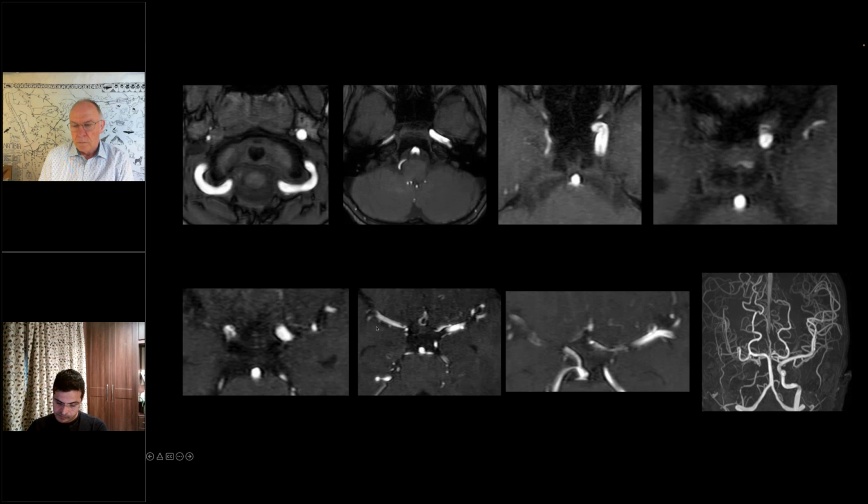I could not appreciate any collateral formation, especially in the basal ganglia or the lenticulostriate regions. I have not put up the images, but there were no collaterals in these areas. Also on the MIP images, there is no collateral formation, but a slight improvement of the internal carotid artery, though it is still reduced in caliber.